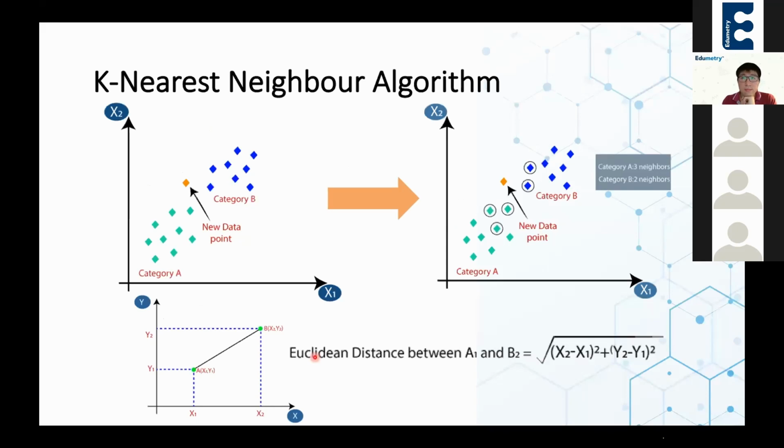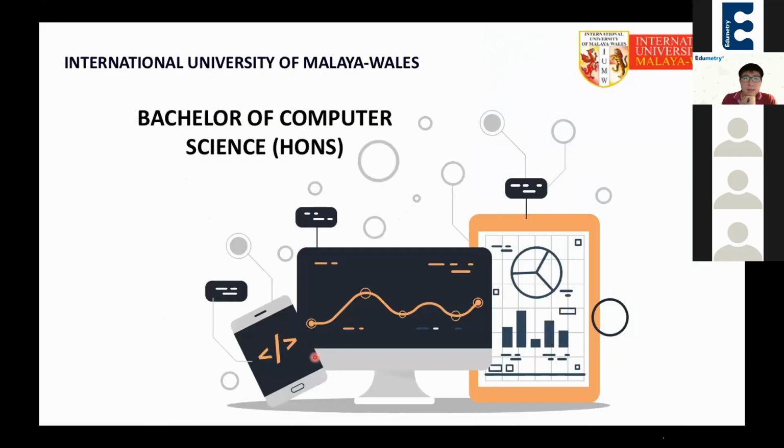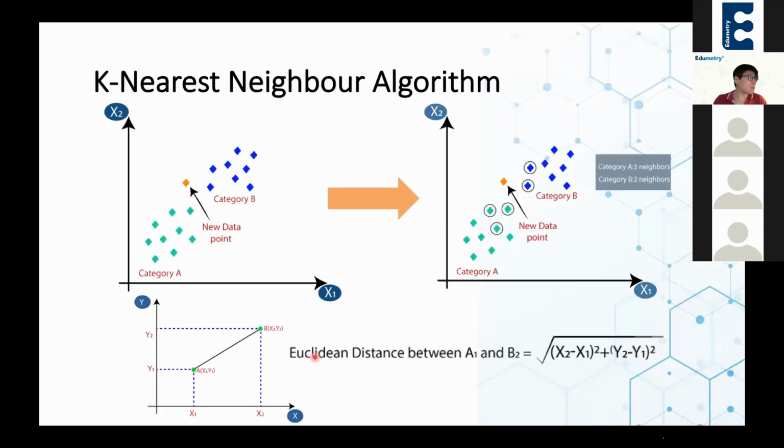Before I continue with the content of the Bachelor of Computer Science, I would like to do a small demo for you, as a take-home gift. When you go back, you can also install a small piece of software, and then you can create your own smart or intelligent software, a model.